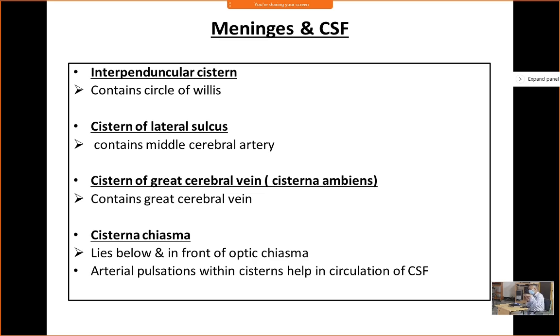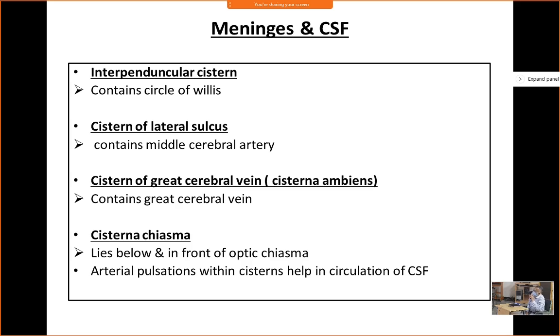At the base of the brain, if you see the base of the brain picture, then you can see that anteriorly we are having the frontal lobe, posteriorly the occipital lobe, and laterally the temporal pole. In between there is a gap, one depressed area, and that is called the interpeduncular region.